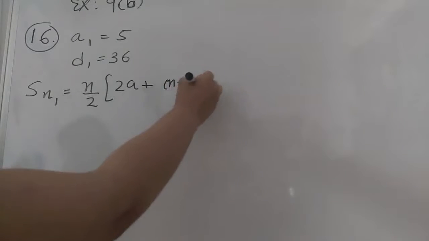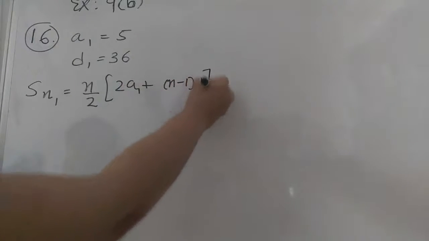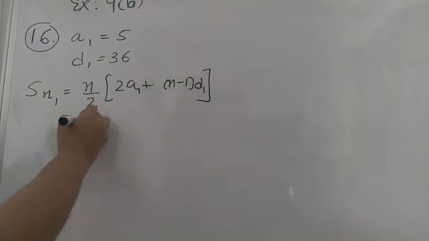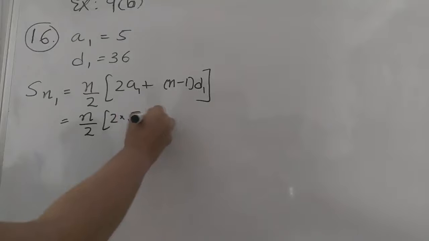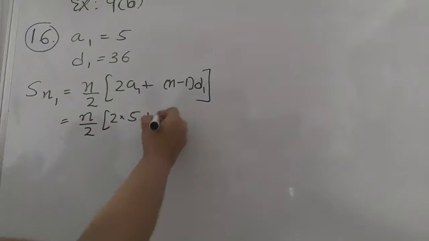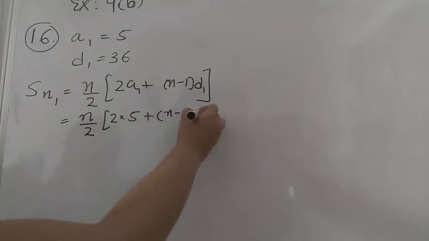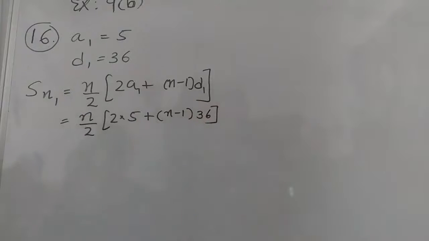So here I write n by 2 into 2a plus n minus 1 into d. Here with a1 and d1, it is equal to n by 2, 2 into a1 which is 5, plus n minus 1 into d1 which is 36, placing the values of our first AP.